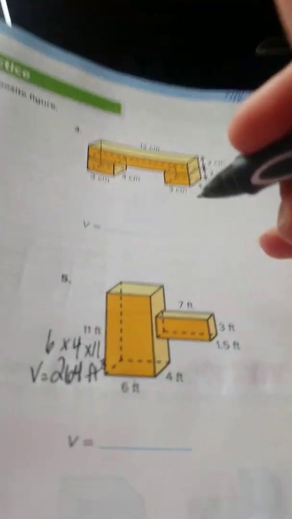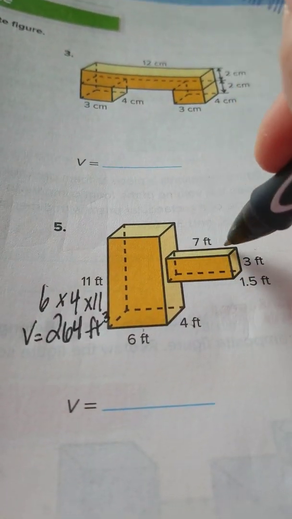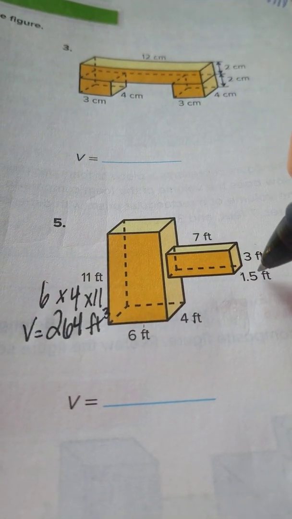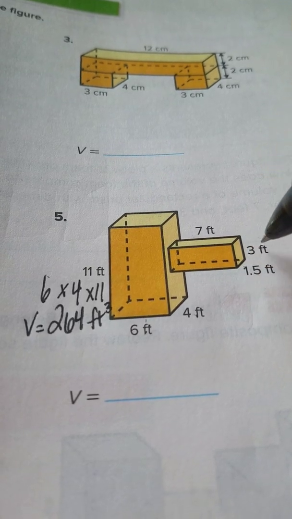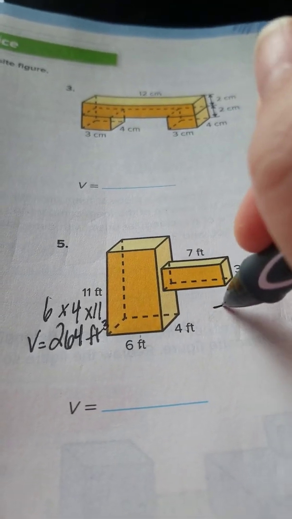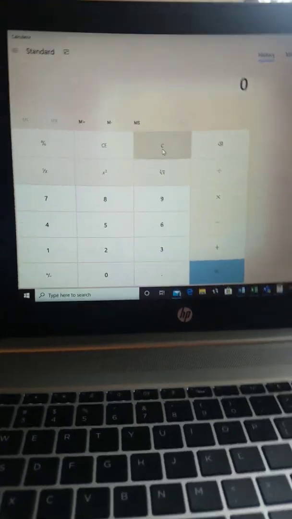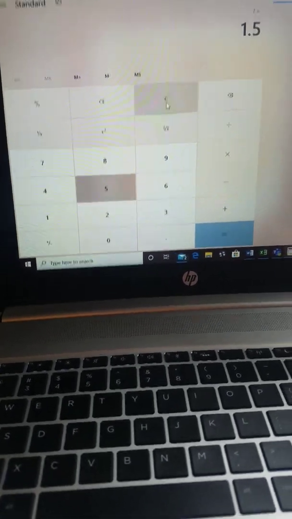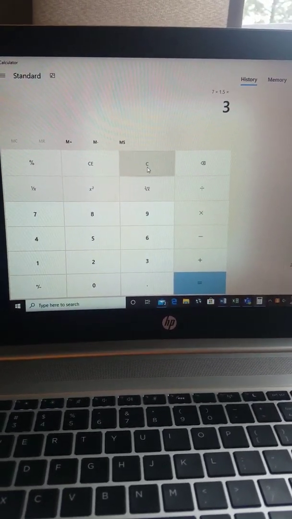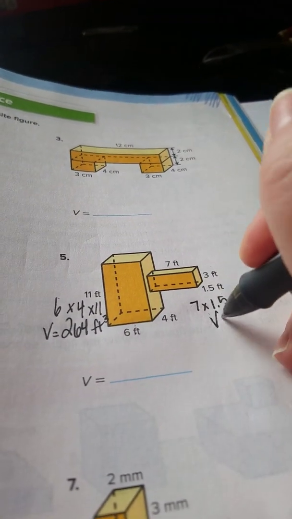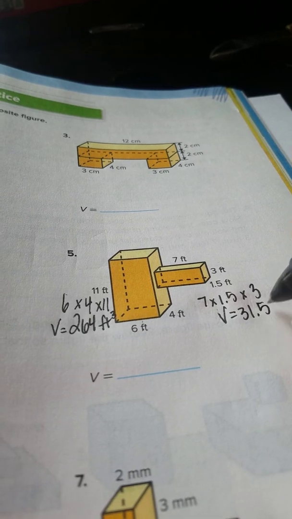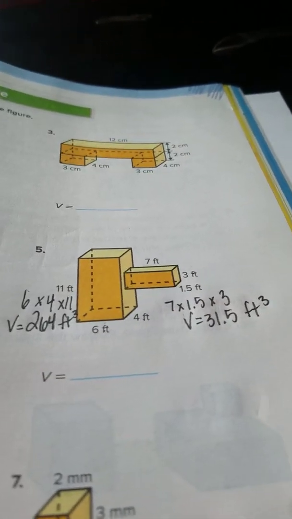The little one, this is where your decimals come in. The little one is 7 feet long, 1.5 wide, 3 high. So it's 7 times 1.5 times 3. Come over here, clear. 7 times 1.5 times 3. 31.5. So the volume equals 31.5 cubic feet.